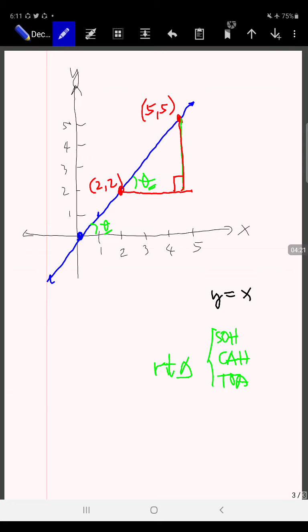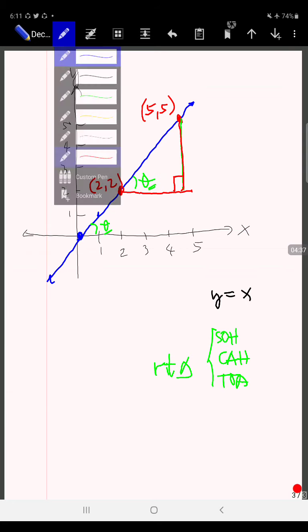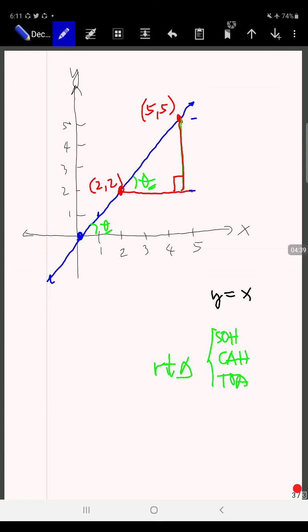Right triangle. So, of course, we have 3 sides. And the sides that are easy to solve for the lengths are this leg and this leg. Why is that?